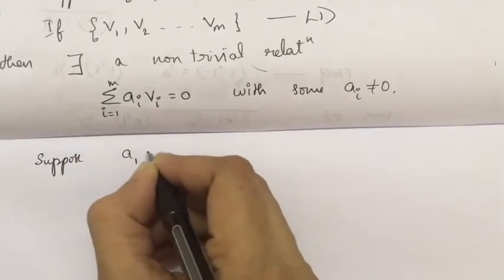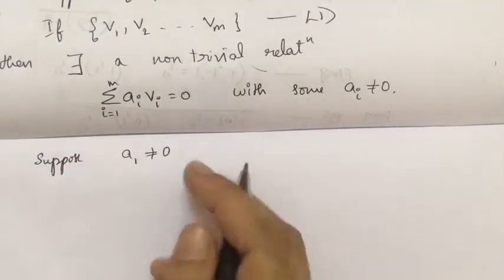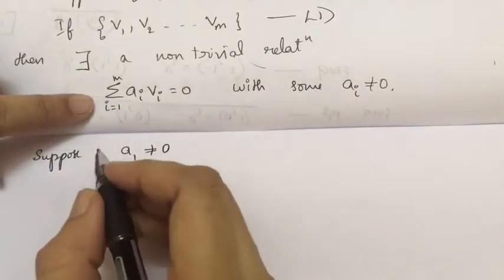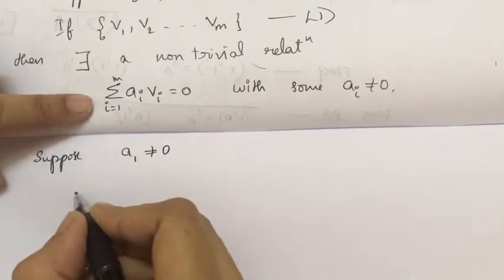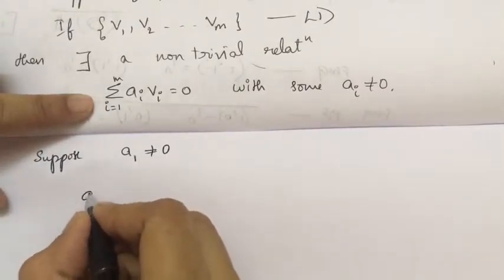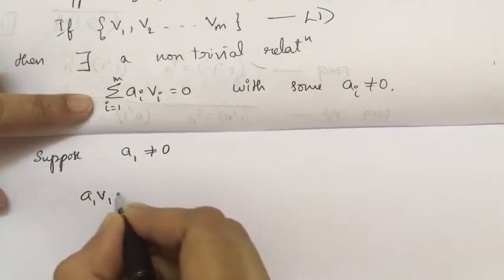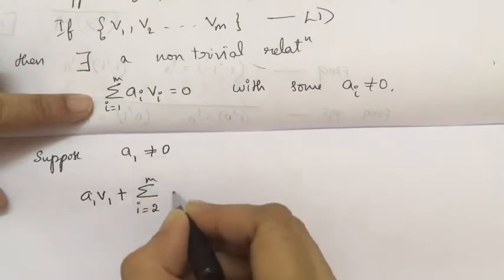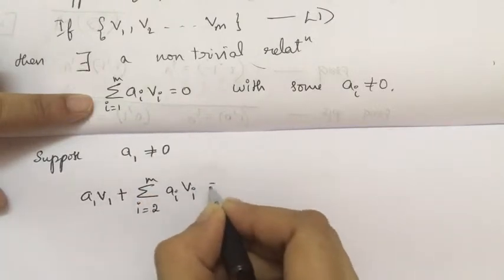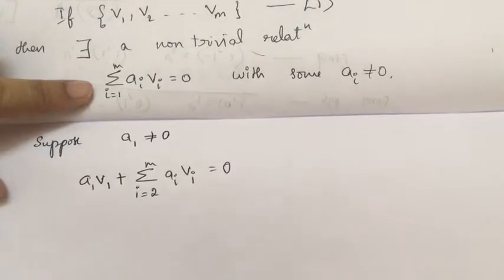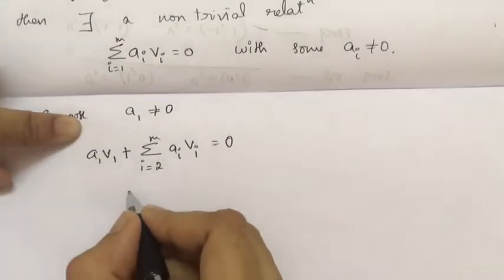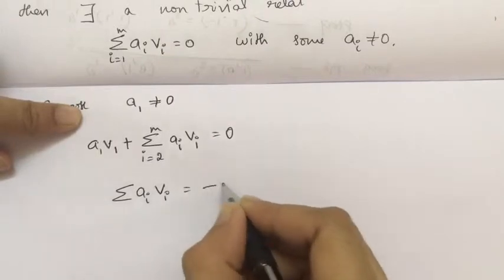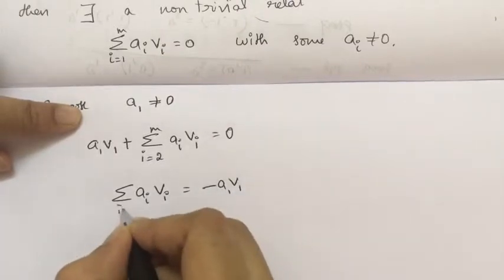Suppose a1 is not equal to 0. Then I can write this as a1 v1 plus summation i equal to 2 to n ai vi equal to 0. This is the same as writing summation ai vi equal to minus a1 v1.